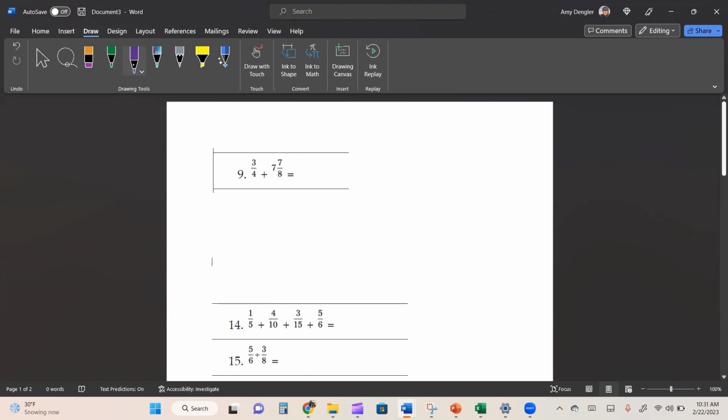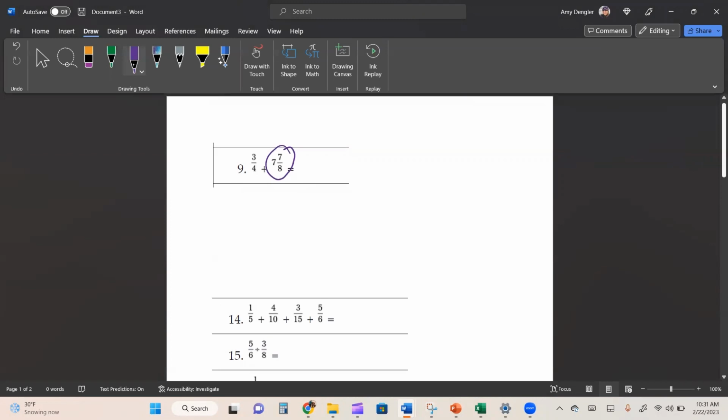So we need to take care of this first. Then we can add. So this is a mixed number. To change it to an improper fraction, which is what we need to do, we need to multiply the denominator times the whole number. So 8 times 7 is 56.